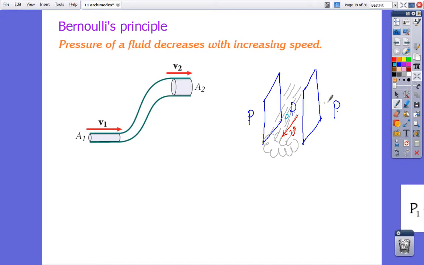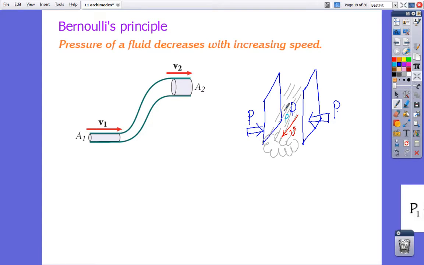As you know, outside the papers there is no change in pressure, the pressure stays the same, while in the middle the pressure is decreasing, so there is a pressure difference that causes a force to act on these two sides of the paper, pushing the papers close to each other. So from this example, we know that when we increase the velocity of the fluid, the pressure decreases.